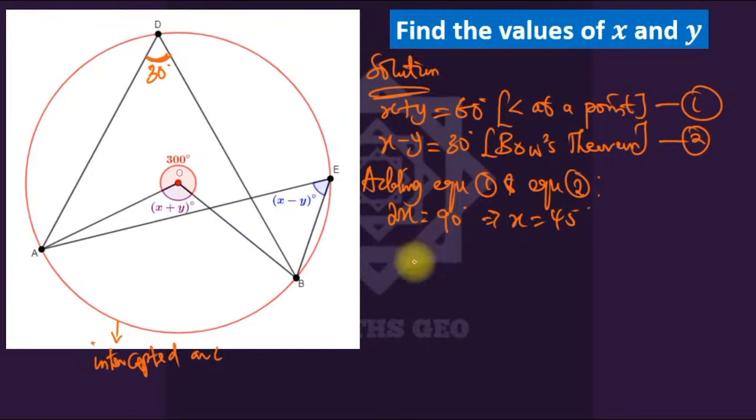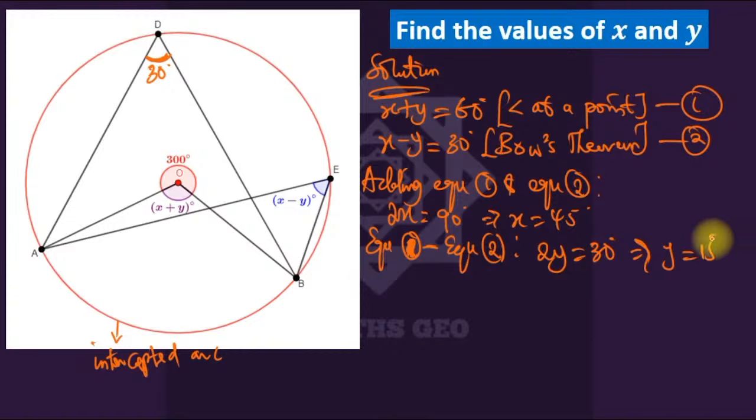And also we can eliminate x by subtracting: equation 1 minus equation 2, we see that 2y will be equal to 30. Therefore y is 15. So x is 45 and y is 15.